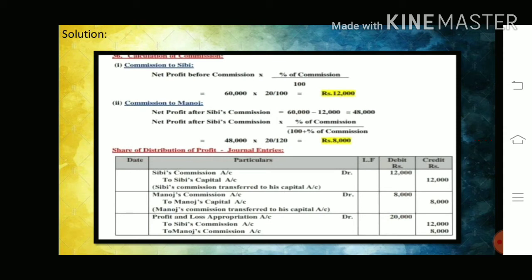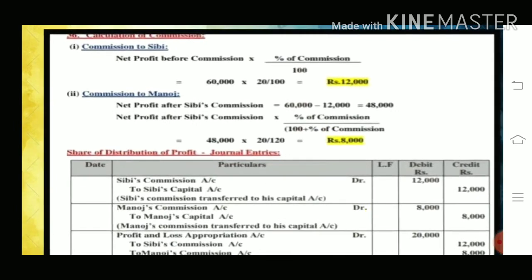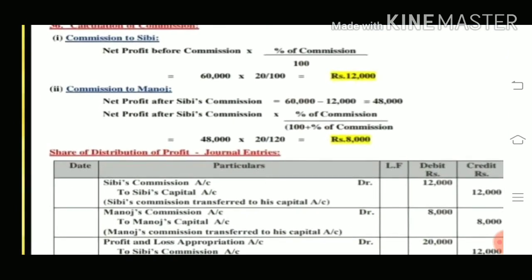The calculation of commission to Sibi: net profit before commission multiplied by percentage of commission divided by 100. So 60,000 into percentage of commission 20 percent, so 20 by 100. So first cancel the 0, the remaining we get rupees 12,000, rupees 12,000 commission of Sibi.